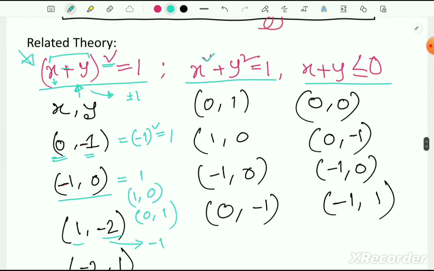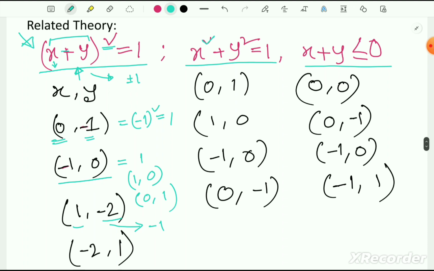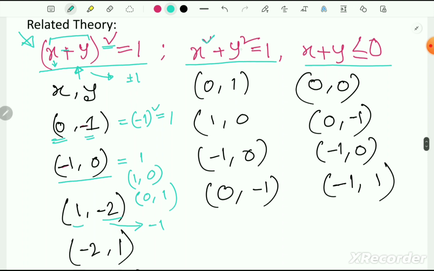Okay, now take a look at the second equation. In this particular case, x squared plus y squared equals 1. In this case, how many points are okay with this equation? We can simply say the constant value is 1.